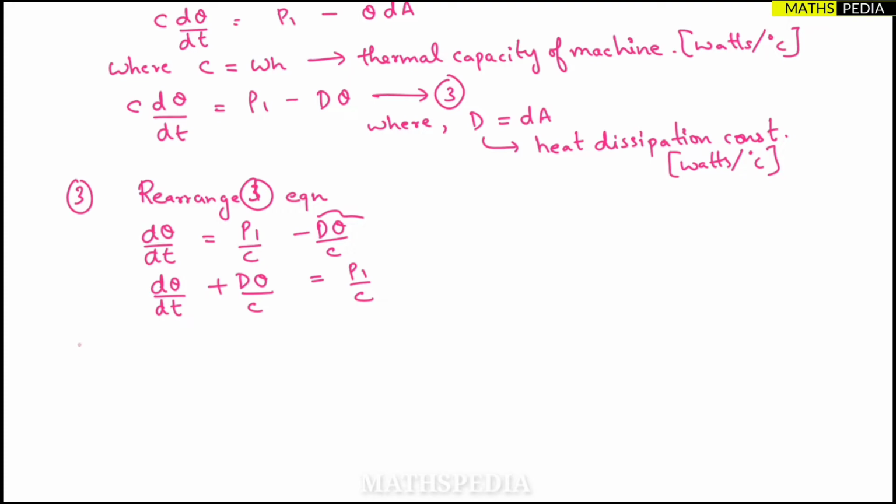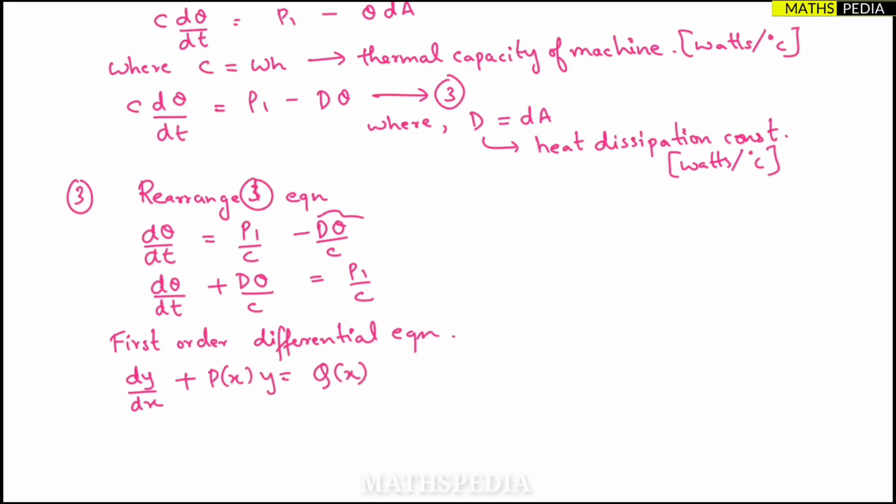Okay. Now here what will happen? Comparing it with the differential equation, you need to understand, which is given by, you might have studied, dy/dx plus p of x times y is equal to q of x. Okay, so this is what we had to do.